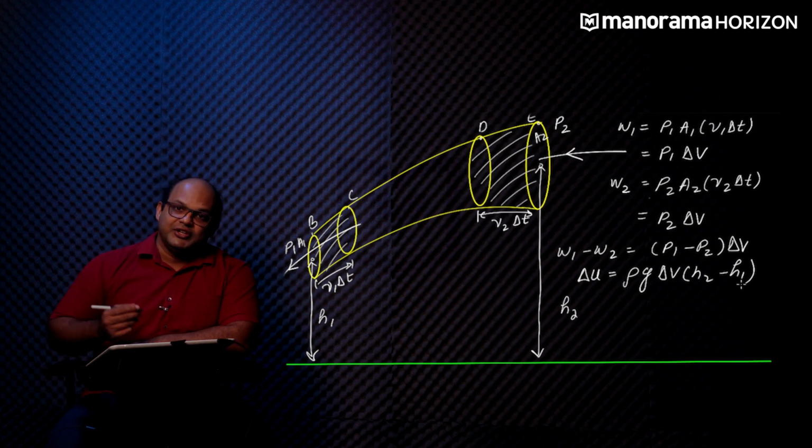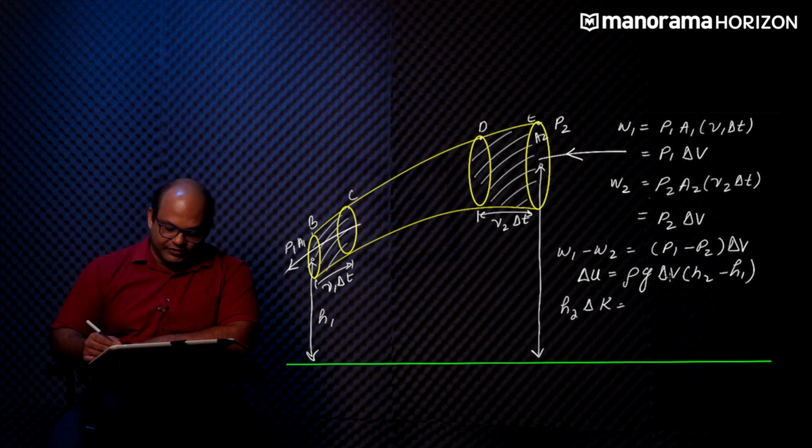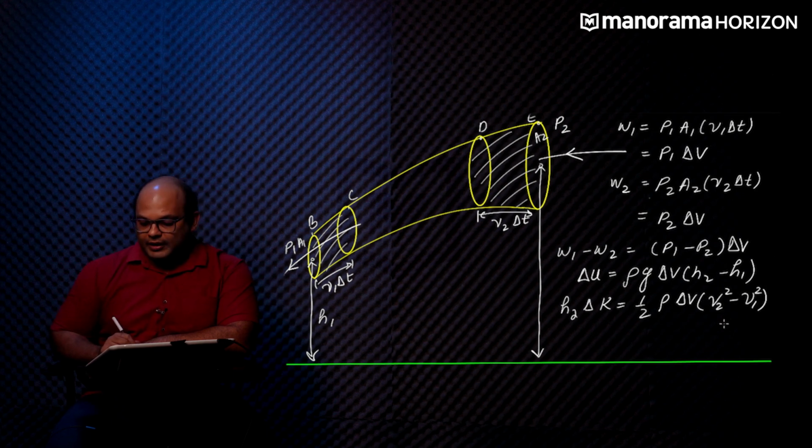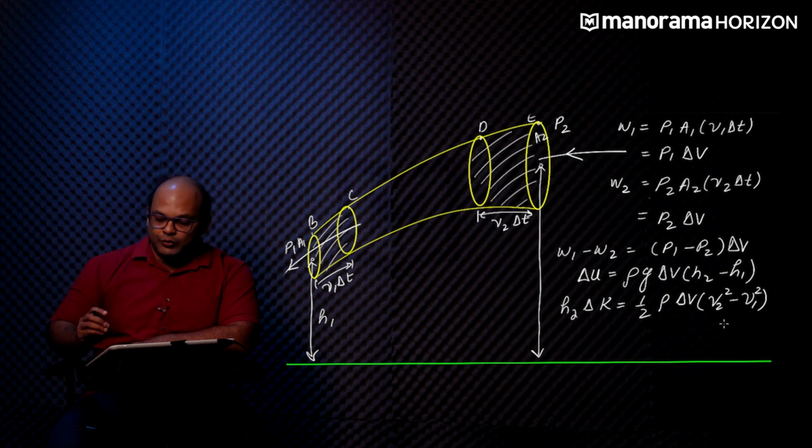On the other hand, the change in kinetic energy, that is delta K, can be expressed as half rho delta V (V2 square minus V1 square), where delta V is the change in volume, and V2 square minus V1 square is the change in the square of the velocity.